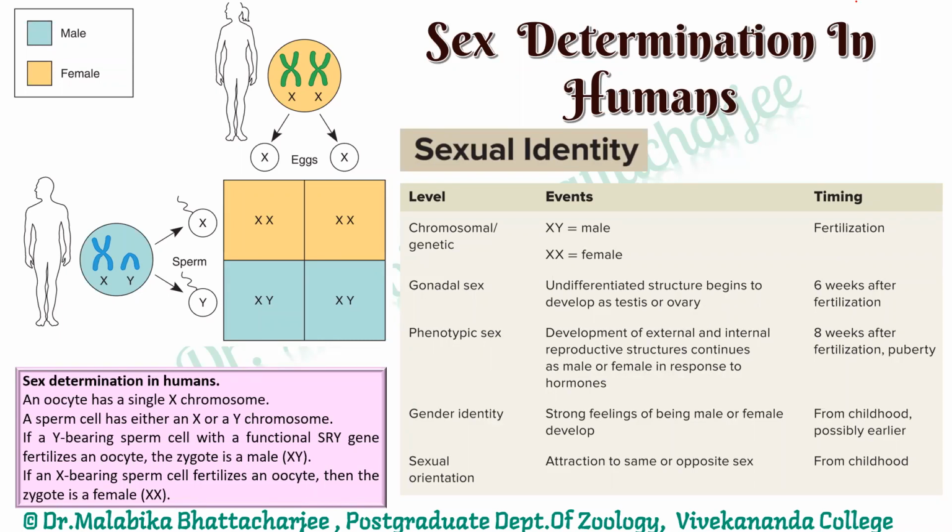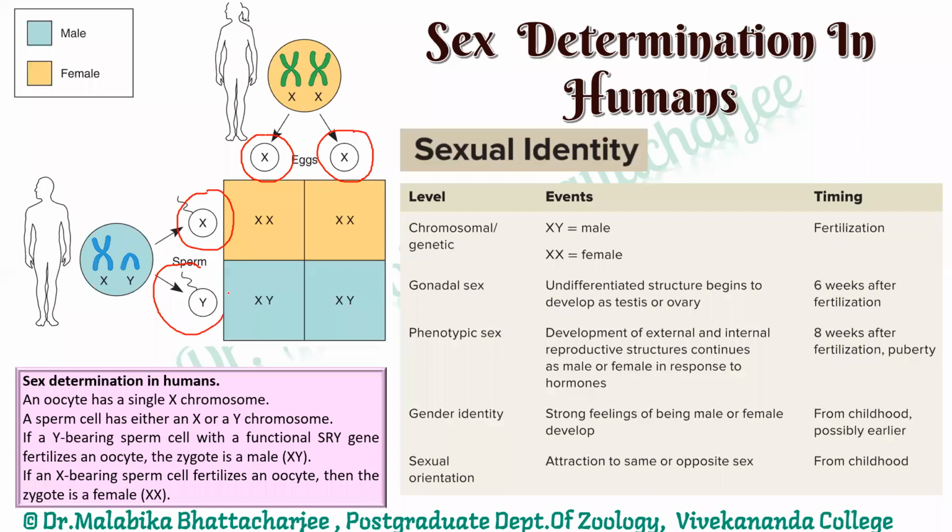Now, when we are talking about humans, we know that the oocyte has a single X chromosome, and the sperm has either an X chromosome or a Y chromosome.